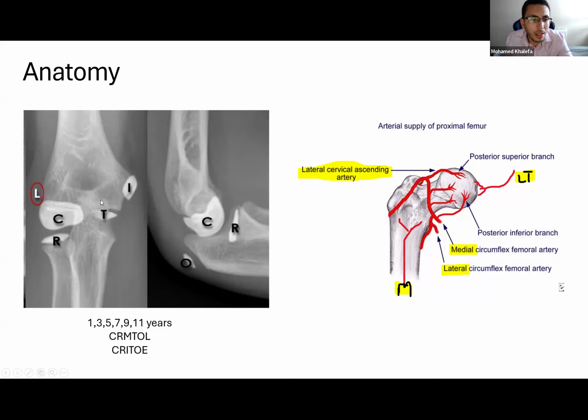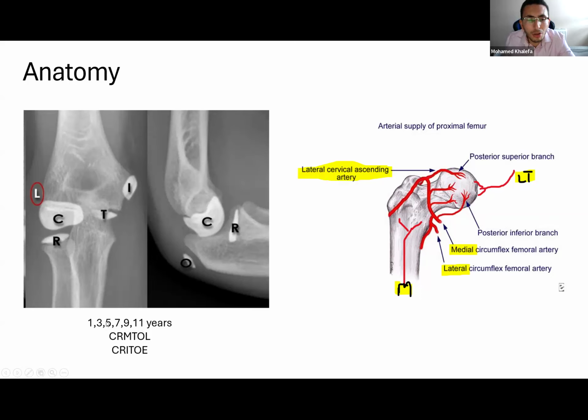You can't see it here, it's there, but you can better see it on the lateral, and then the lateral epicondyle or external epicondyle. So this is the last. So 1, 3, 5, 7, 9, 11. You can do it with odd numbers or even numbers, and you add 2. So this is the order of ossification.